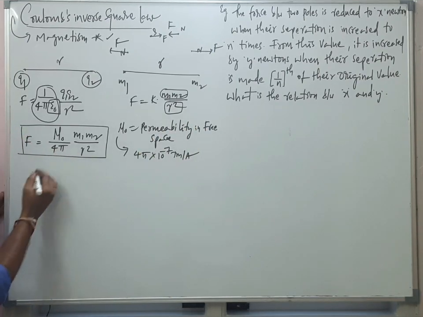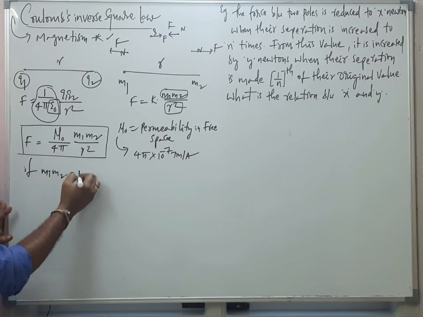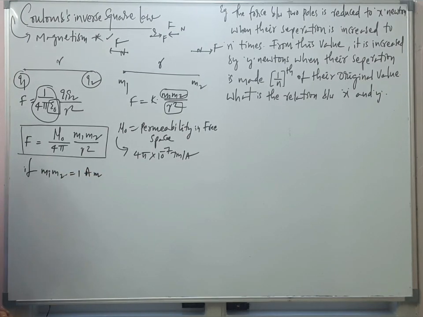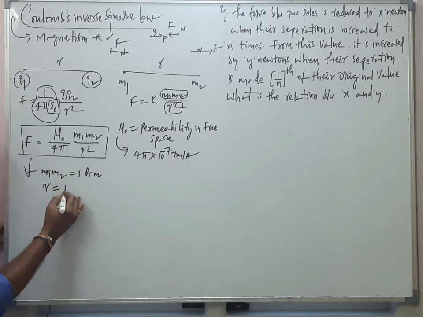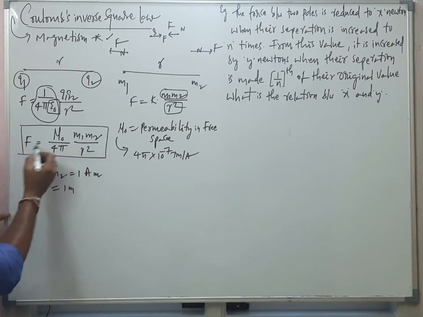Now imagine a situation where M1 is equal to M2 is equal to 1 ampere meter. What is the SI unit of pole strength? Ampere meter. And the distance between them is 1 meter. In this case, what will be the force?